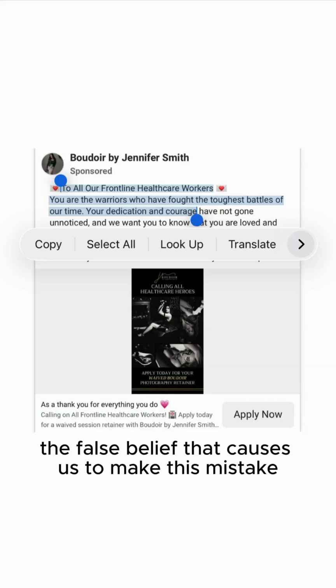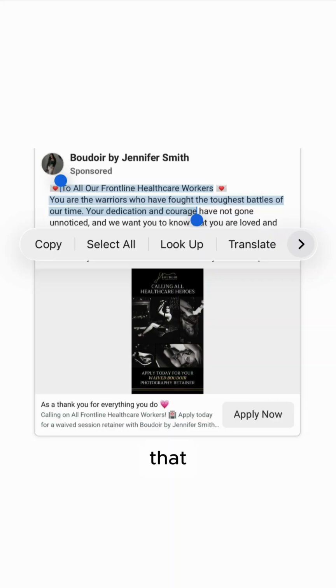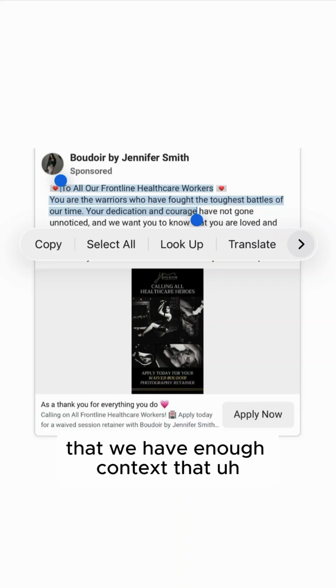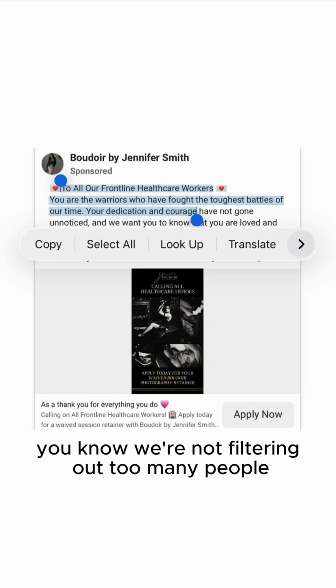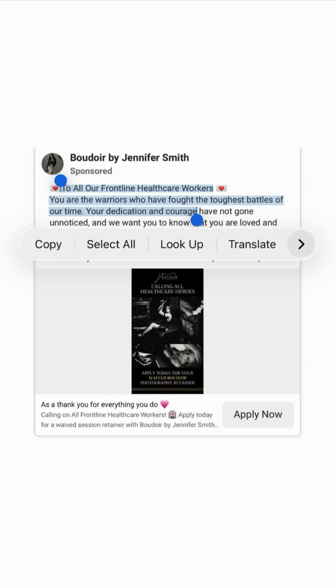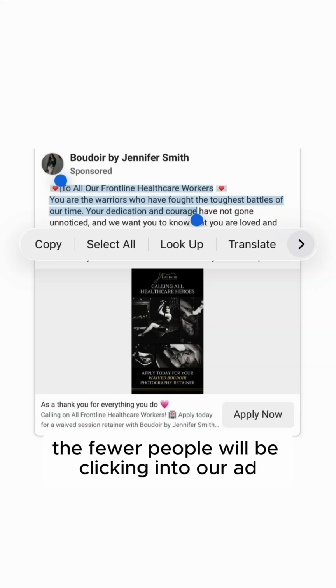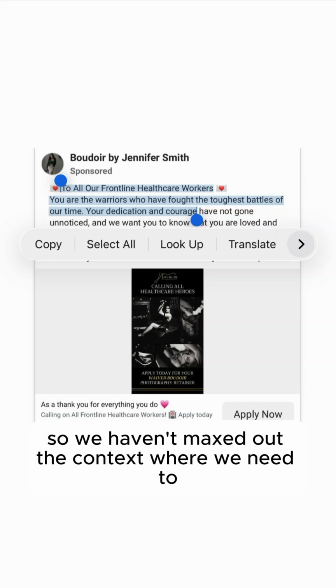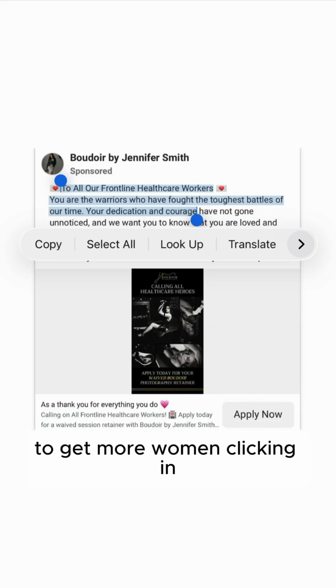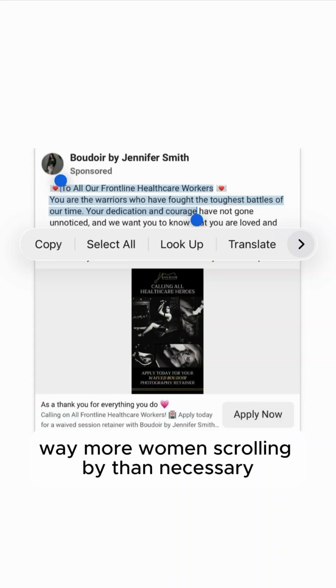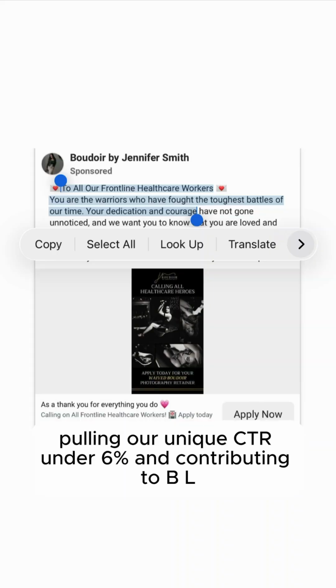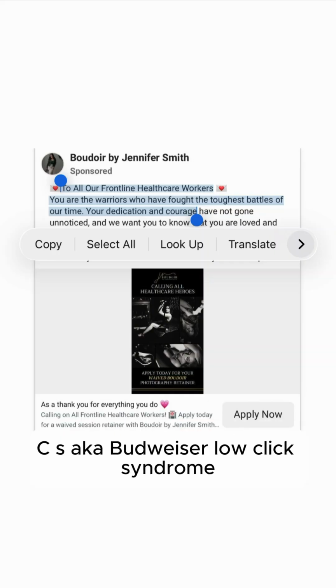The false belief that causes us to make this mistake is that we believe we have enough context that we're not filtering out too many people from clicking into our ad, but in fact, the less context we have, actually, the fewer people will be clicking into our ad, up to a point. So we haven't maxed out the context, or we need to get more women clicking in, which means we have way more women scrolling by than necessary, pulling our unique CTR under 6% and contributing to BLCS, aka Boudoir low click syndrome.